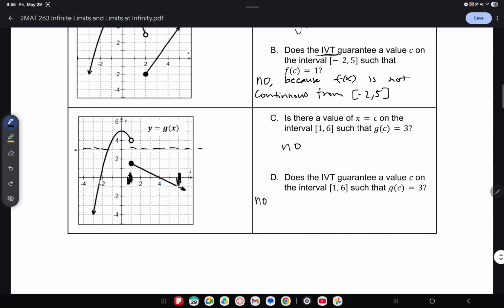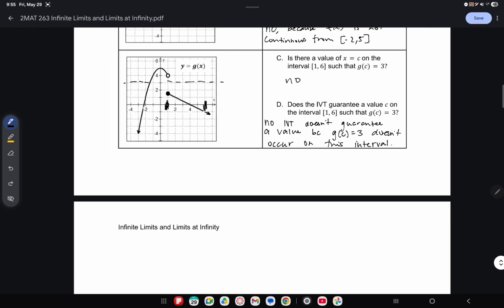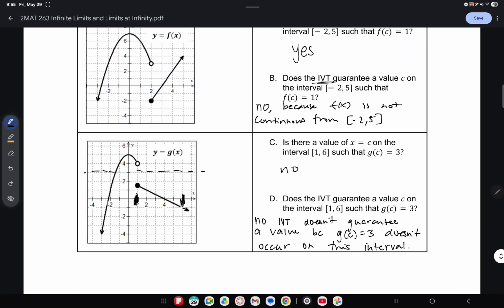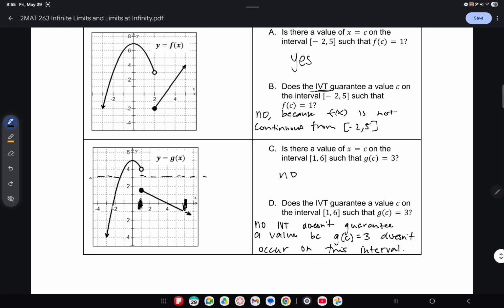So that's not in the range of it. So no, IVT doesn't guarantee a value, because g of c equaling 3 doesn't occur on this interval. All right, and that is all. So if you have any questions, let me know.